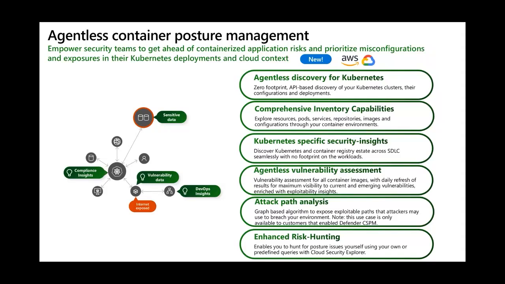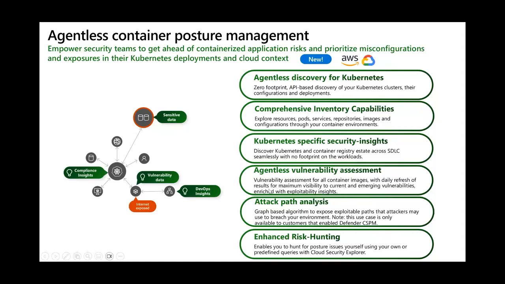The next thing here is being able to provide container-specific security insights. So being able to show you, for example, if you have any privileged containers running on your cluster, and help you detect any security insights with your Kubernetes cluster.